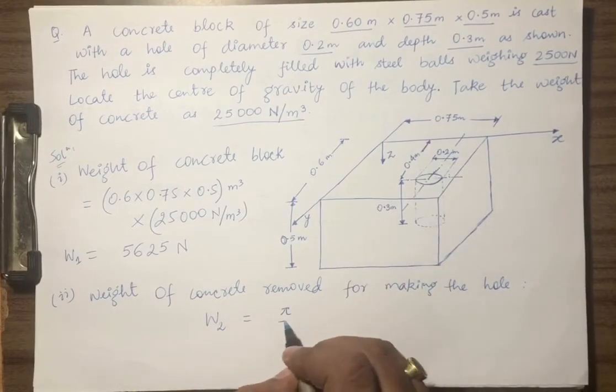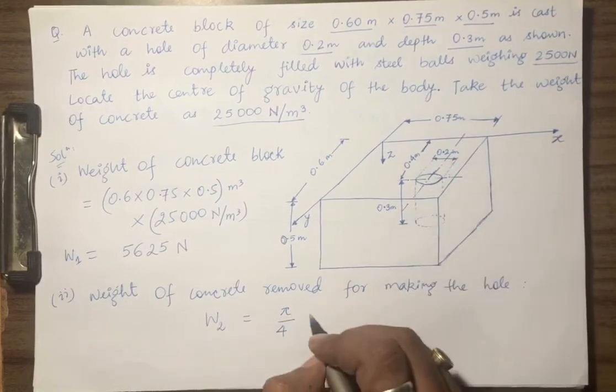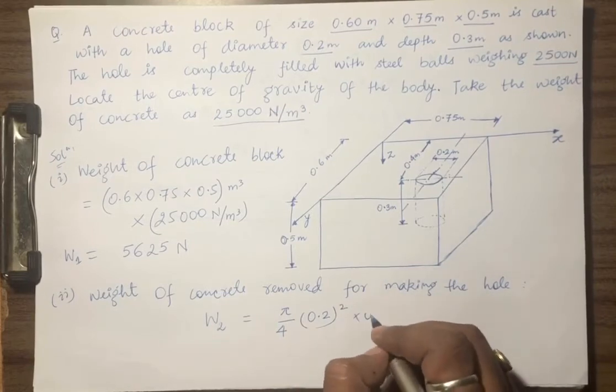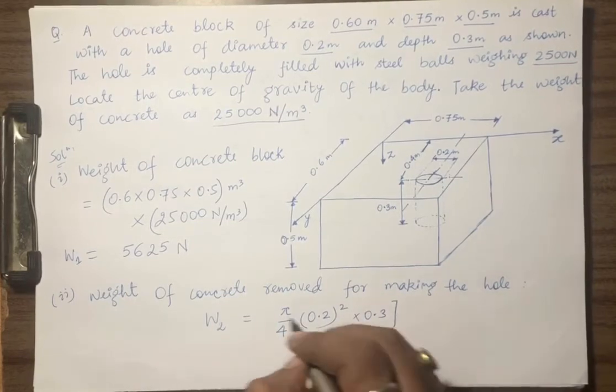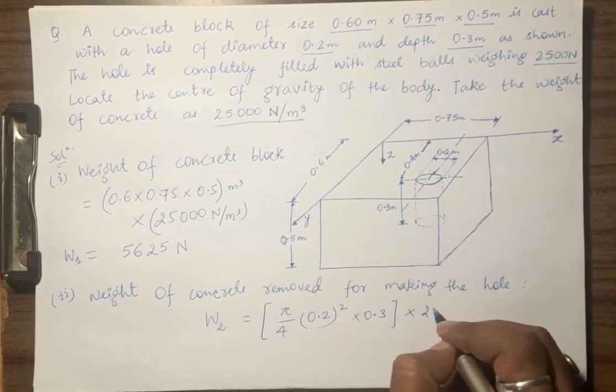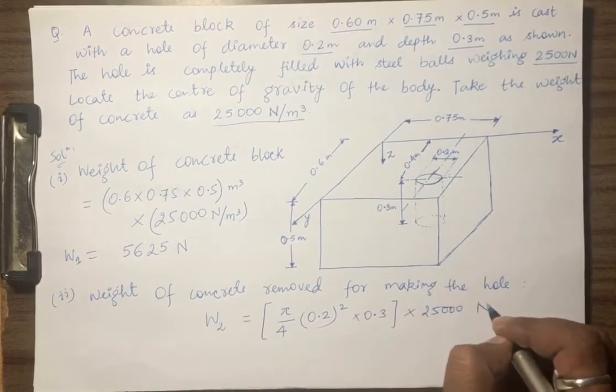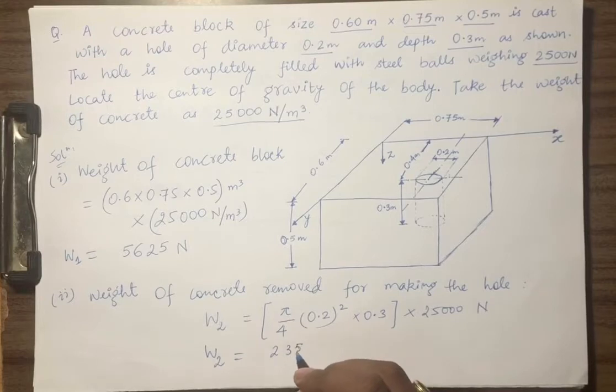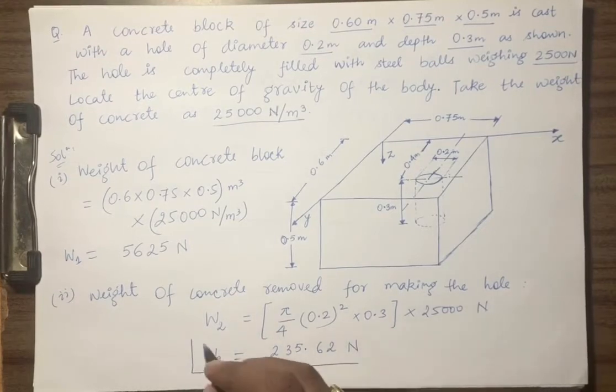The volume of this is a cylinder, pi by 4 r square into 0.3, multiplied by 25,000 Newton. So W2 is 235.62 Newton.